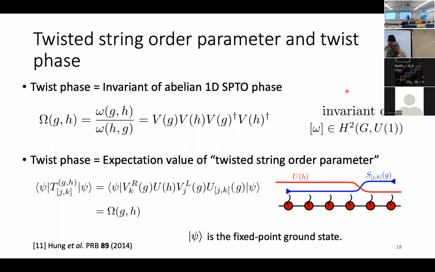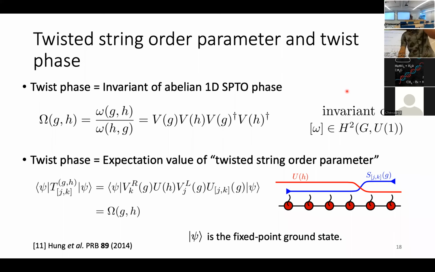Then I act the global symmetry transformation on it to see how the leftover excitation on the right end transforms, and then I annihilate it. If I'm at the fixed point, I get back to the ground state, and the phase that I accumulate in this path is exactly equal to this twist phase. This can be proven using exactly the properties that I showed you in the previous slide.